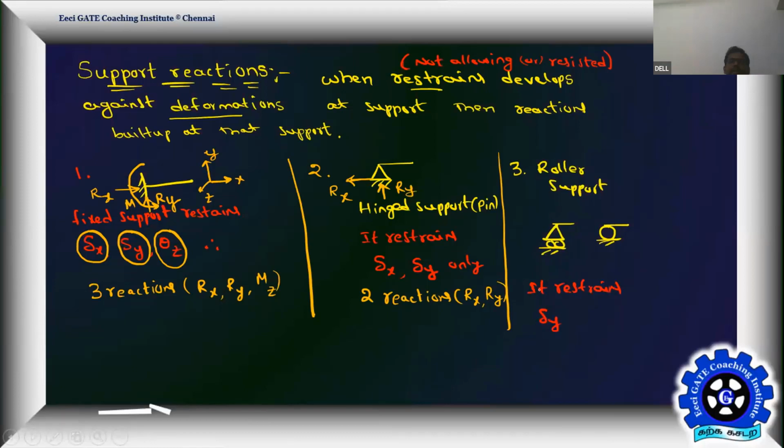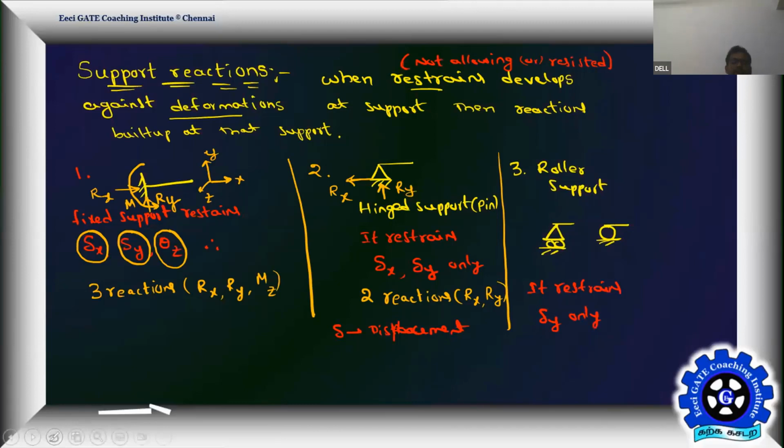The delta symbol is used for displacement. Delta means displacement. It restrains only delta Y. Delta Y means it restrains only displacement in Y direction.